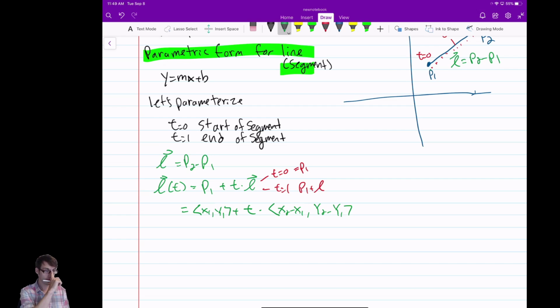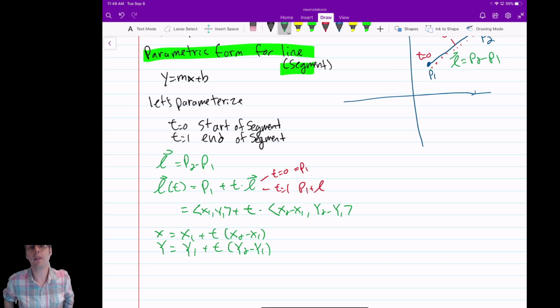That's it. So now we can break it out into the individual functions. X is going to be x1 plus t times x2 minus x1, and y is going to be y1 plus t times y2 minus y1. So now we can calculate any spot along that line in terms of t by using these functions.